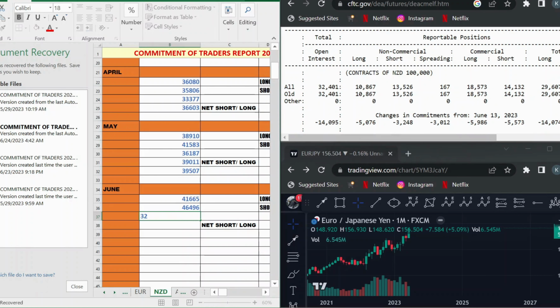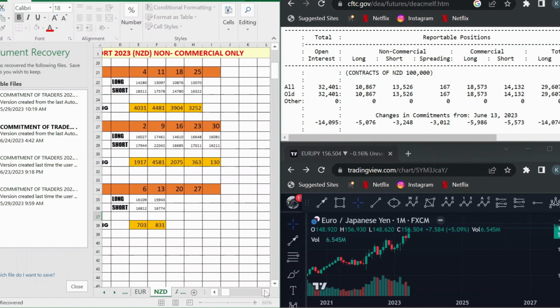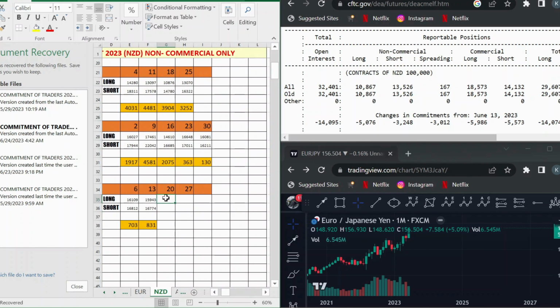The longs are 10,867. The shorts are 13,526. So this is the largest net short difference for the last few weeks. You can see the open interest is relatively low.